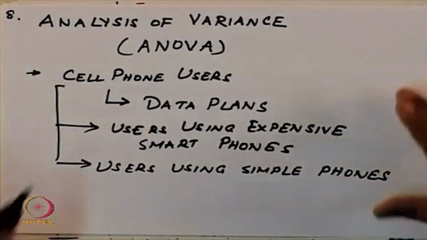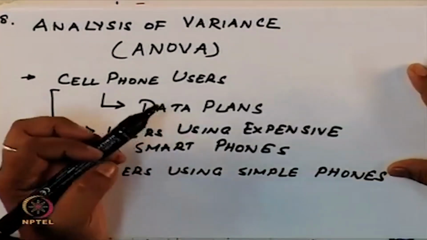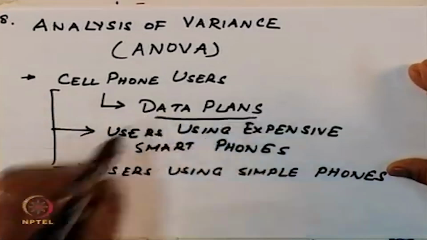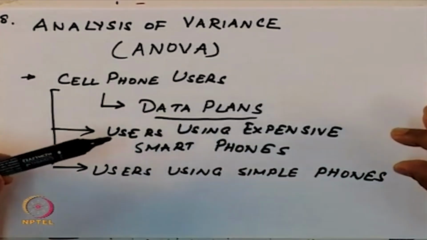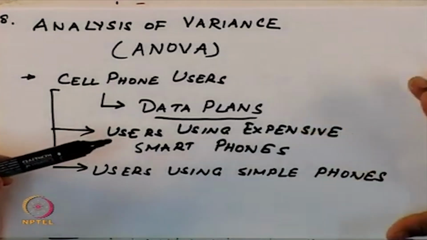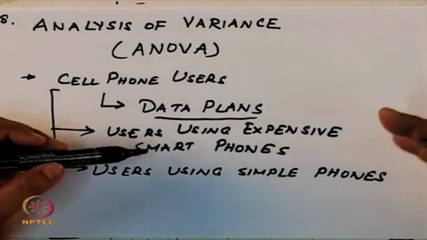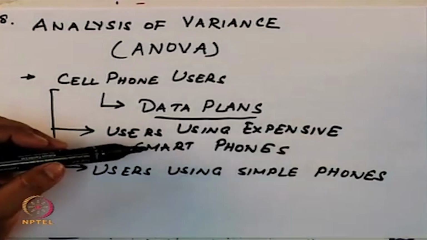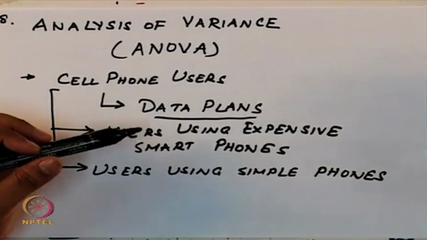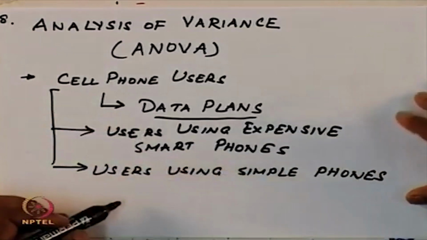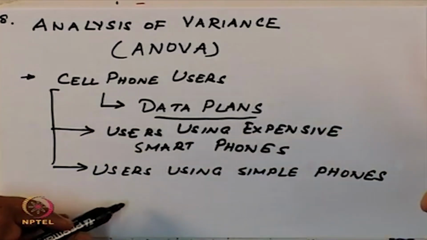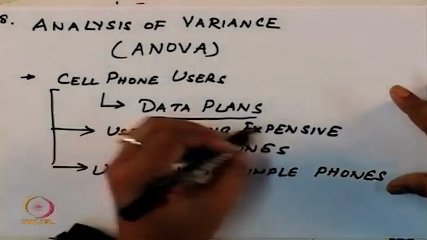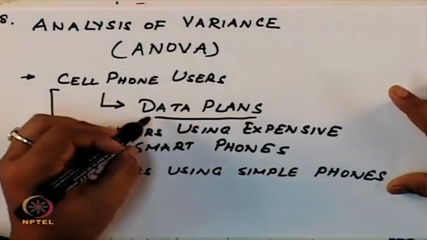If you were to calculate the variability in the data plans that people search out, you can clearly see there will be reasonable variability, because people who use smartphones sign up for expensive data plans, versus people who use simple phones, whose usability is only dictated by having a phone connection. So, you will have a huge amount of variability when you compile the statistics for data plans.